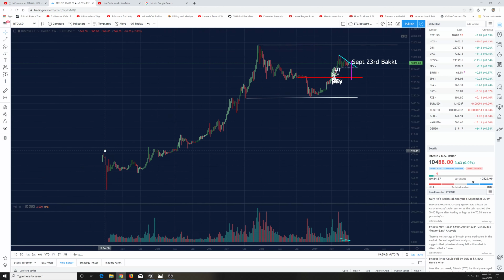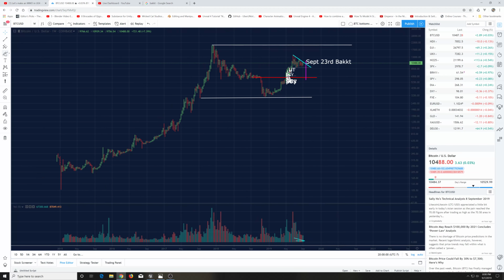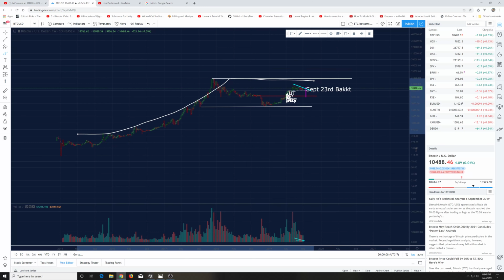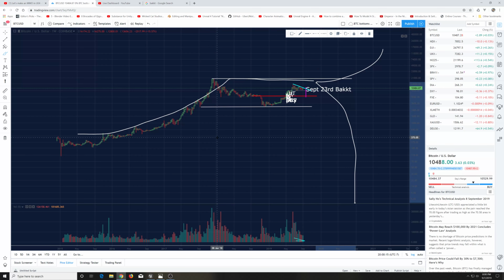Let me make sure I have my drawing tool on. It's gone up, flat, and then what? What looks more probable to you? Do you think it's going to go up, or does it look probable it's going to go down? Please keep in mind that's not to scale.